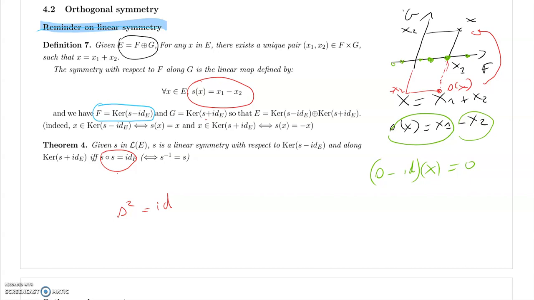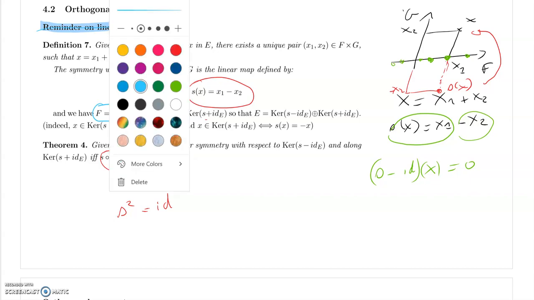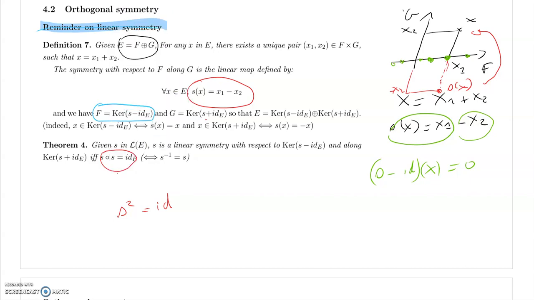That gives you the direction F, the symmetry axis, or symmetry plane, or symmetry space. And if you want to find the direction of that symmetry, the G space, it's going to be the one where (S plus identity) of x is equal to 0. In that relation, (S plus identity) of x is going to be equal to 0 if the x1 part is equal to 0.